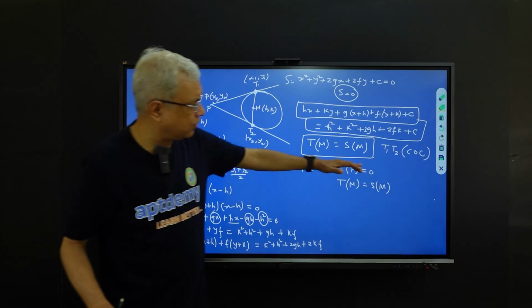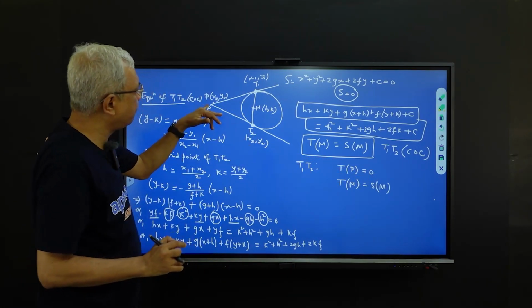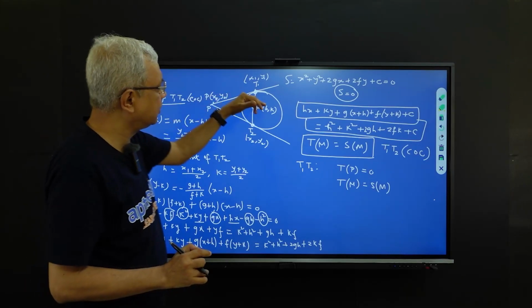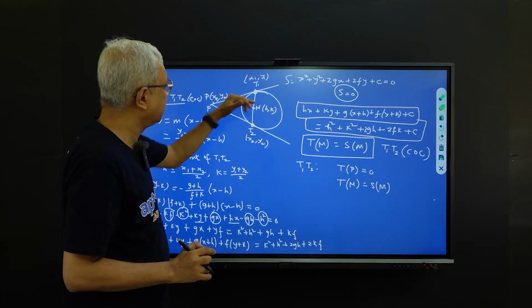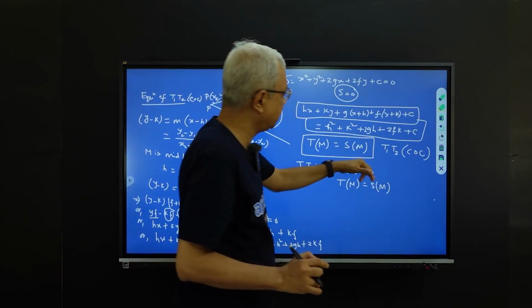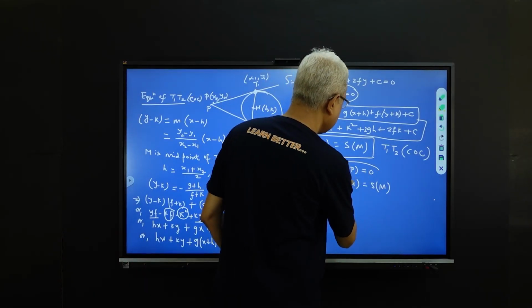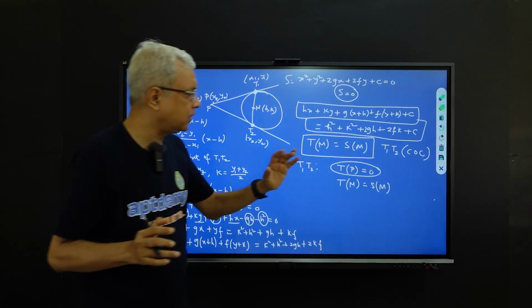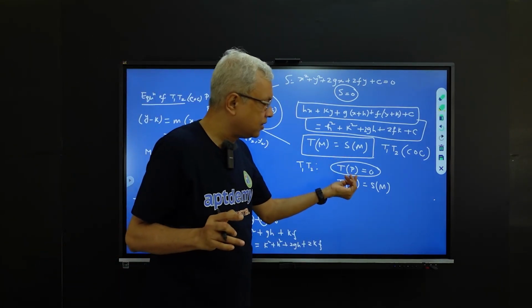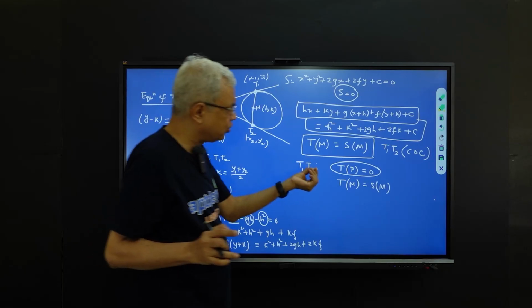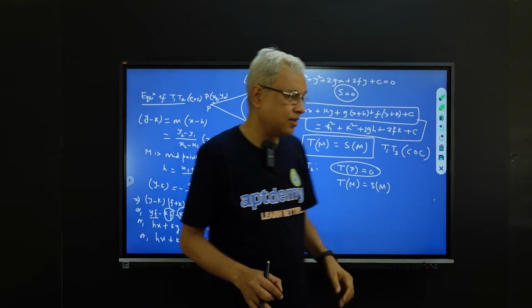Okay, so Tp equal to 0 means, assuming the point P is lying on the circle, what is the equation of the tangent to the circle at the point P? P is x0, y0, assuming P is lying on the circle.